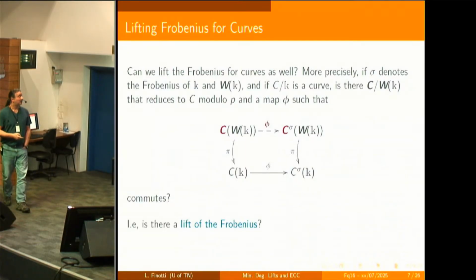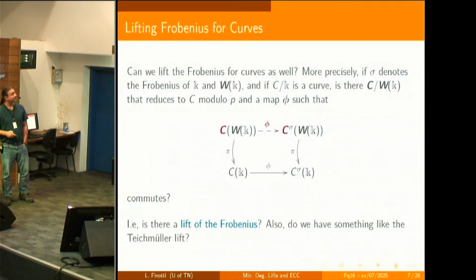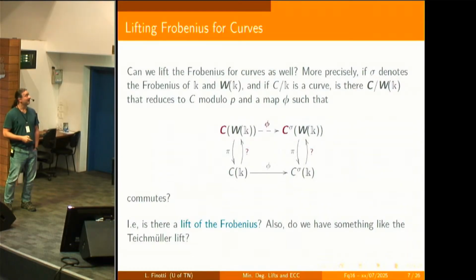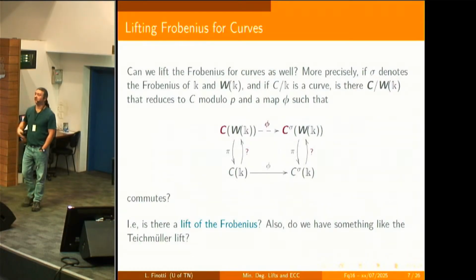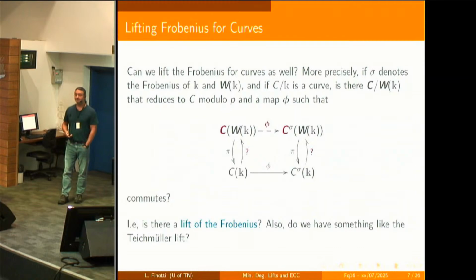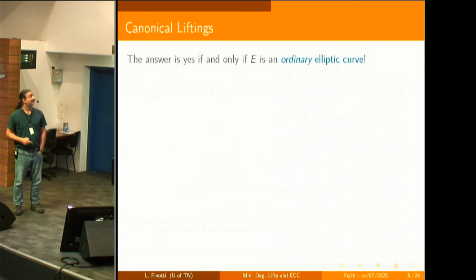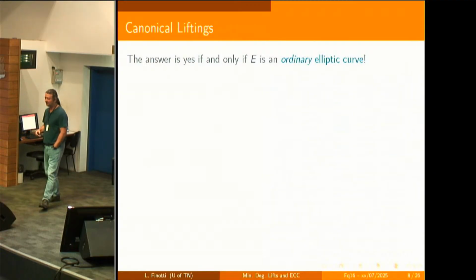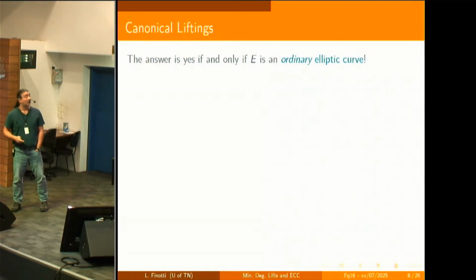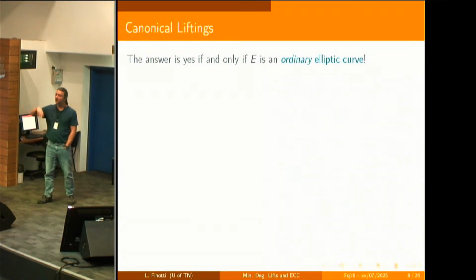And you might ask, can I also have something like the Teichmüller lift, something that goes up, some lift of points? Now, the answer, due to Deuring and then extended by Serre and Tate, is that you can only do that for ordinary elliptic curves. So the curve has to be of genus 1 and ordinary.